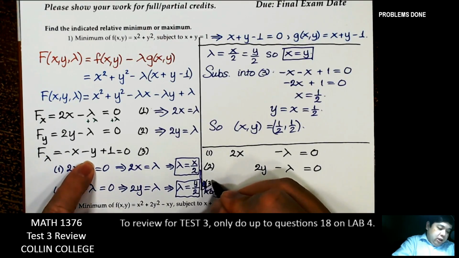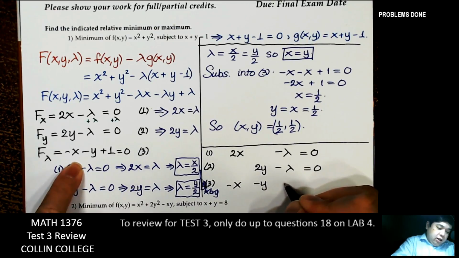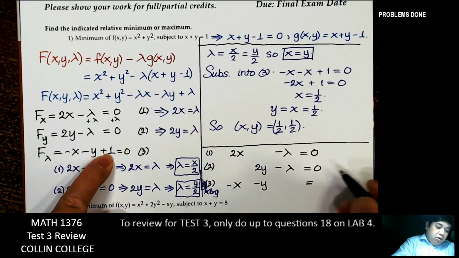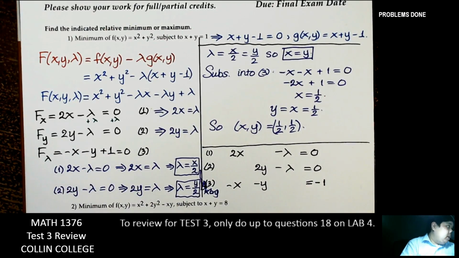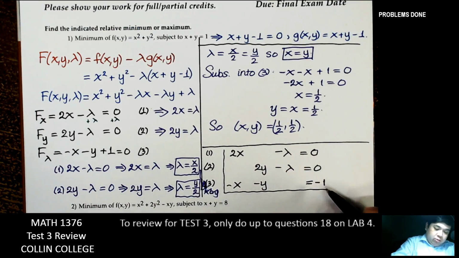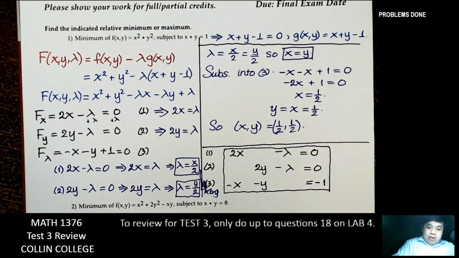And then 3, negative x, negative y, and the 1 must be on the other side, so actually it should be negative 1. So that is the system of equations that we're going to solve using the calculator.